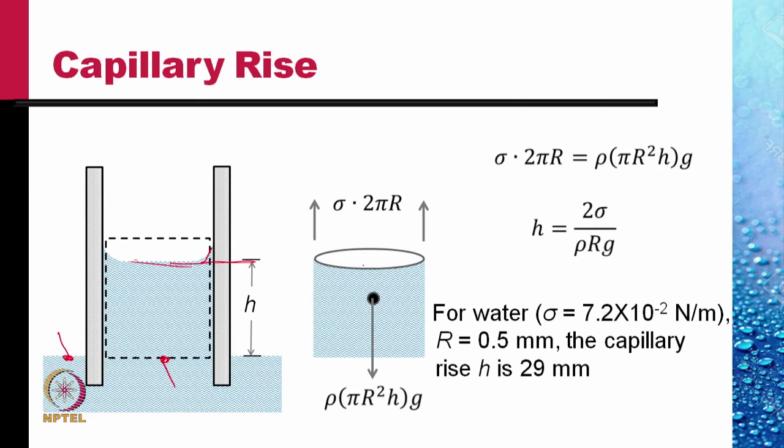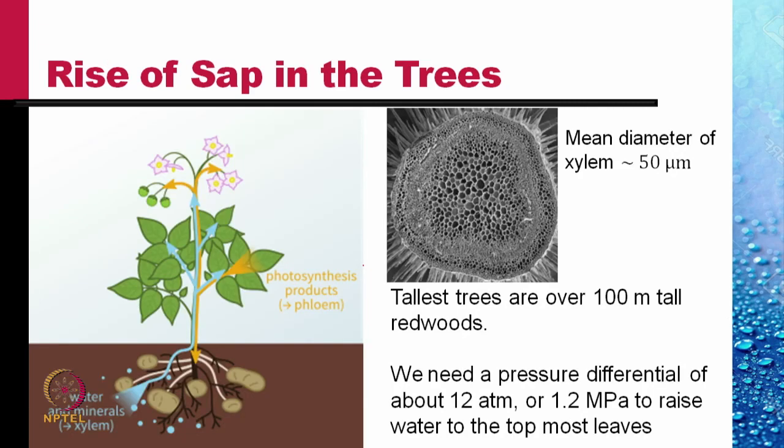An interesting phenomenon. All the trees and vegetation on earth need water for their growth. The water is sucked up through the roots, through a system called xylem, and it goes up.